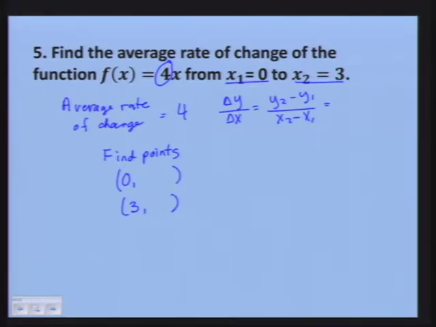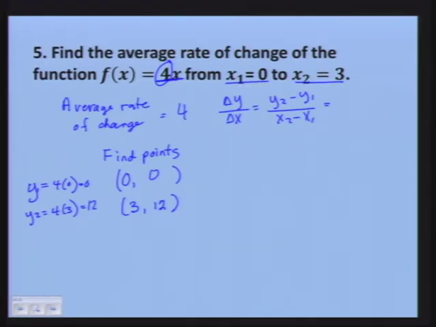Now we need to find the y that goes with x is 0. If I plug in 0 right here, I get f of x, or y, equals 4 times 0, which is 0. So my point is 0, 0, because I found the y. So that is y sub 1. Y sub 2 goes with x sub 2 being 3, so I'll plug in 3 and get 12 for y sub 2.